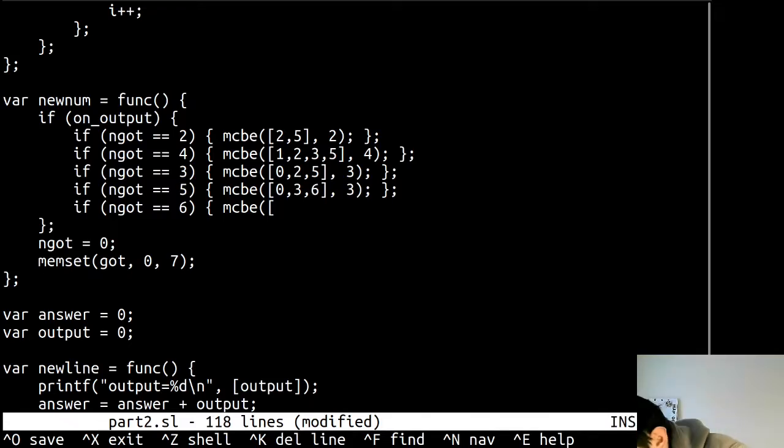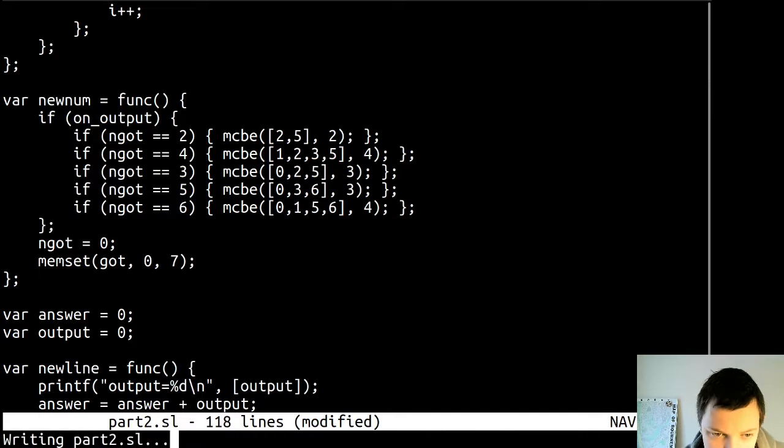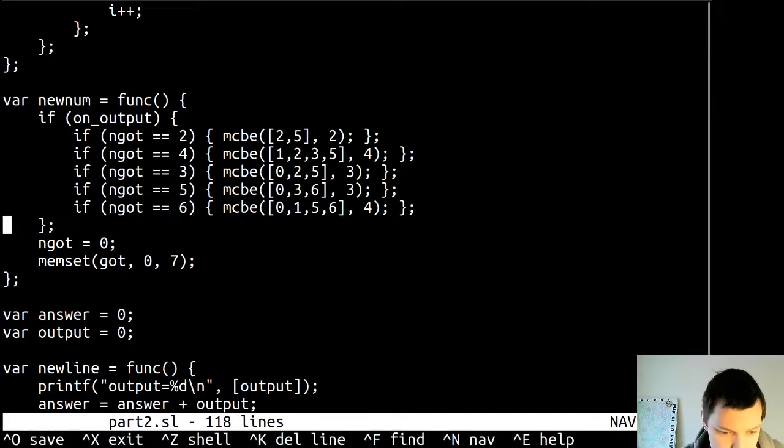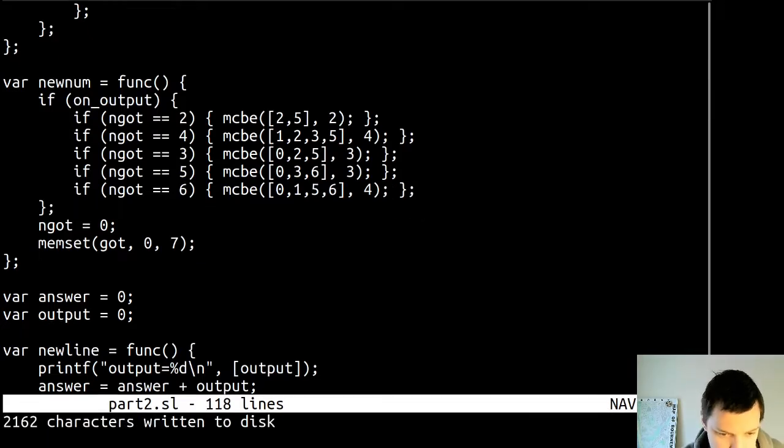If it's 6 digits, then A, B, F, and G are common, which is 0, 1, 5, and 6, and there are 4 of them. Okay, whoops. Oh yeah, and the other problem was it's dropping the final digit.